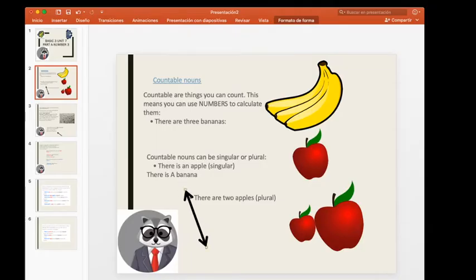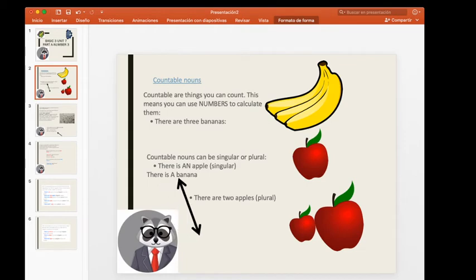Here we have a little explanation. When the first part of the noun is a vowel, for example, apple, we use an, to mean one apple. There is an apple.